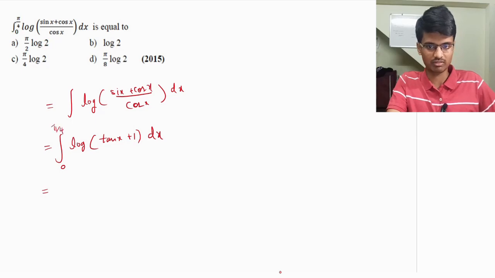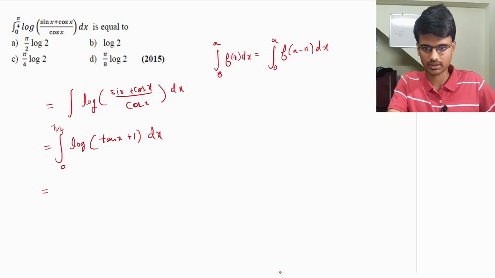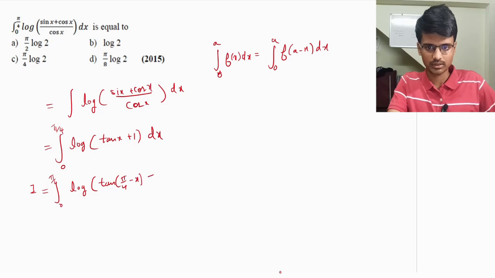I'll apply one property. I am applying this property: the integral from 0 to a of f of x dx is equal to the integral from 0 to a of f of a minus x dx. I can apply this. I'll just check what happens. The integral from 0 to pi by 4 of log of tan of pi by 4 minus x plus 1 dx.